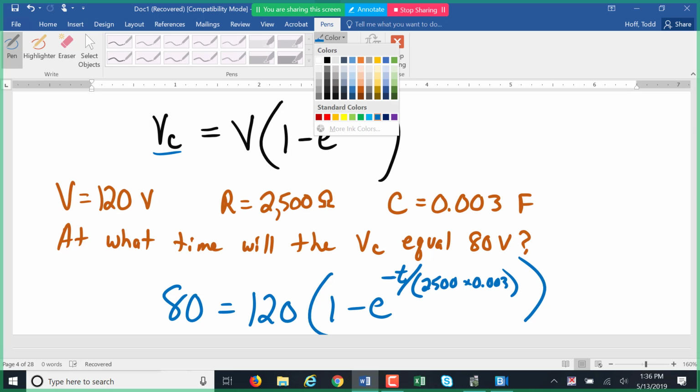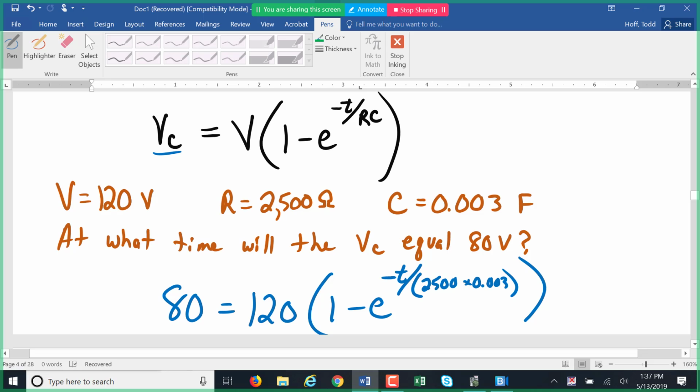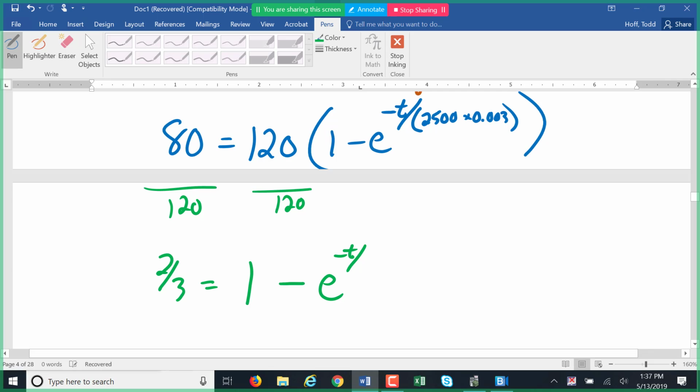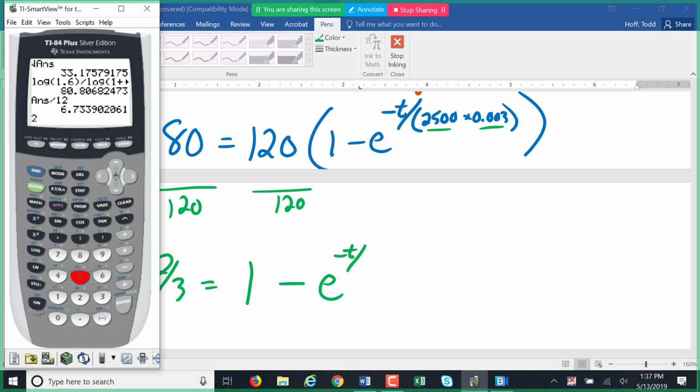So as always, our first thing to do is isolate the exponential. So we're going to go ahead and divide by 120 here. So we have 2/3 equals 1 minus e to the negative t over, I'm going to go ahead and multiply that out. 2,500 times 0.003 is 7.5.